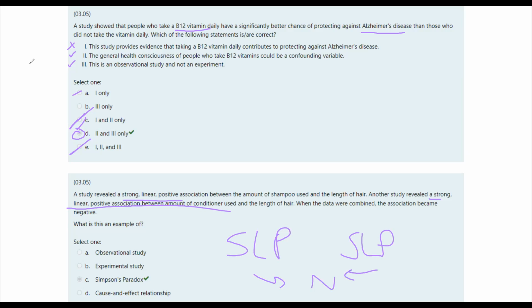What the heck? That's called Simpson's paradox. In my opinion, this is kind of stupid, but you've got to know it for the exam. I personally can't even explain it, but somehow when you combine two data sets that are positive, it's negative, and that's called Simpson's paradox. You just have to know that. That's all you need to know about it, really.